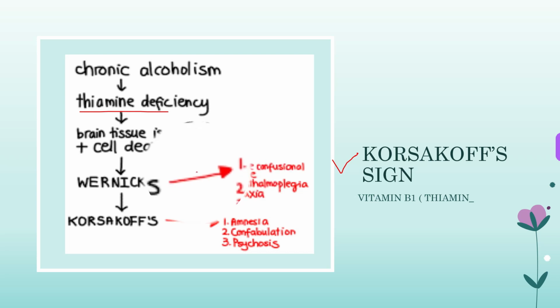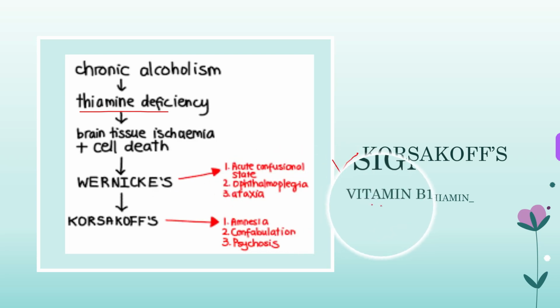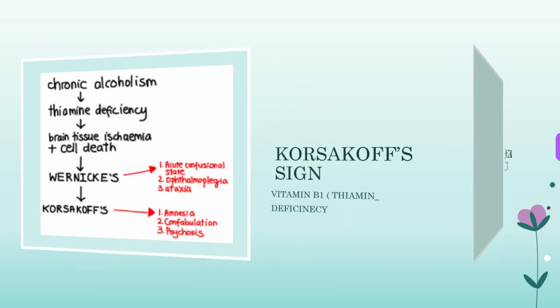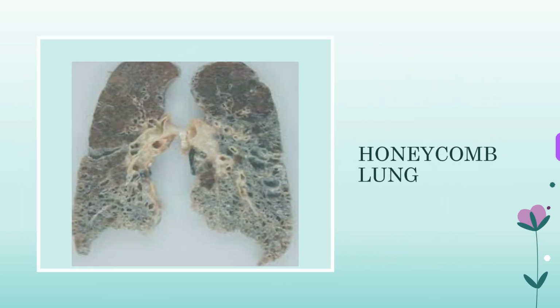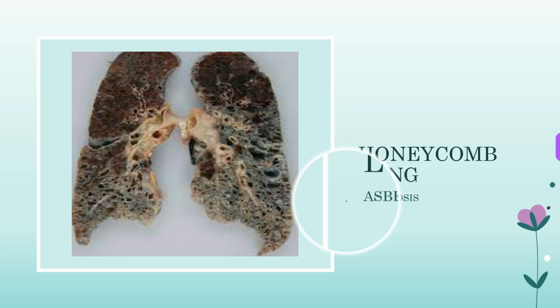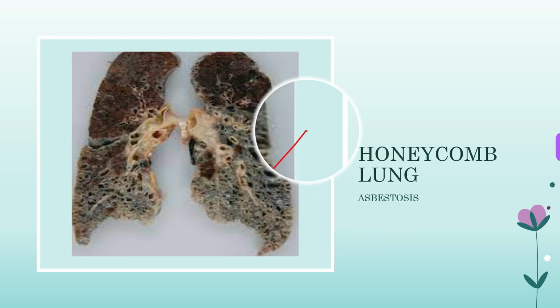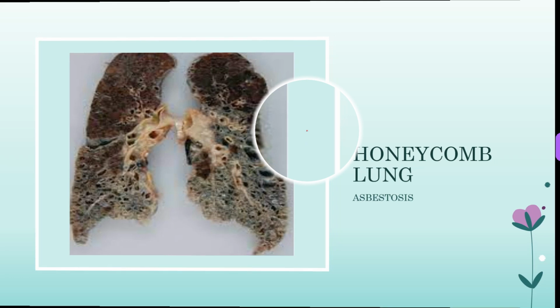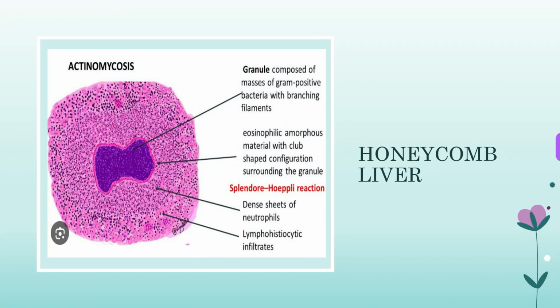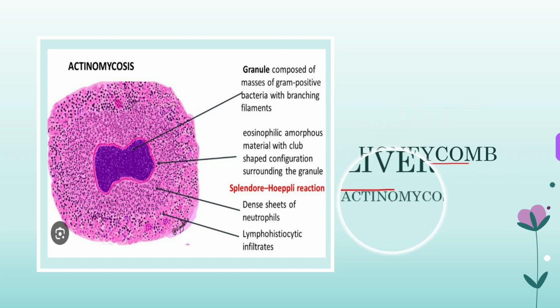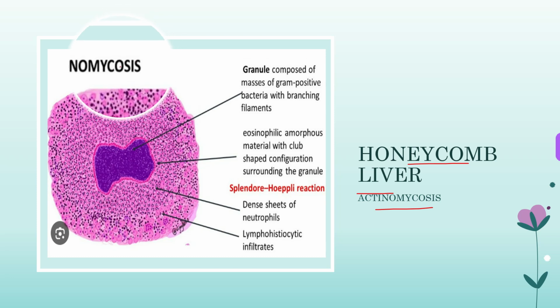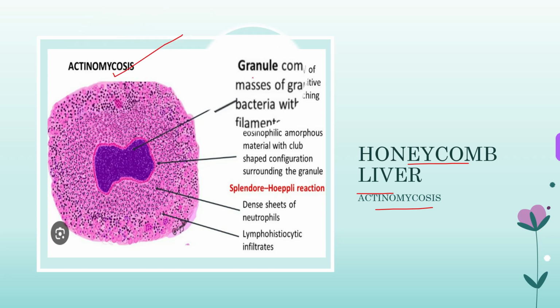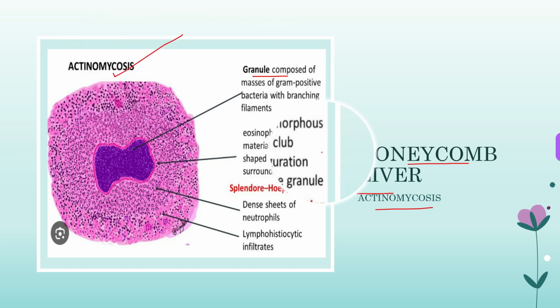Next we have honeycomb lung. So honeycomb lung is seen in asbestosis. One is a honeycomb lung and one is a honeycomb liver. Honeycomb liver is seen in actinomycosis, which is a chronic granulomatous infection, and it is characterized by development of indurated swelling mainly in the connective tissues.